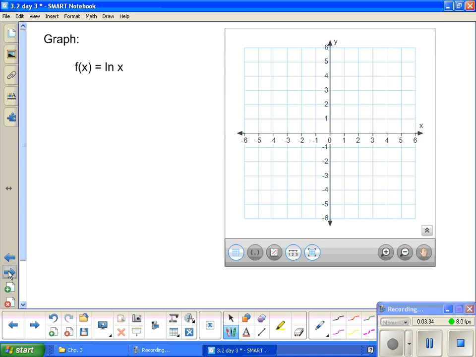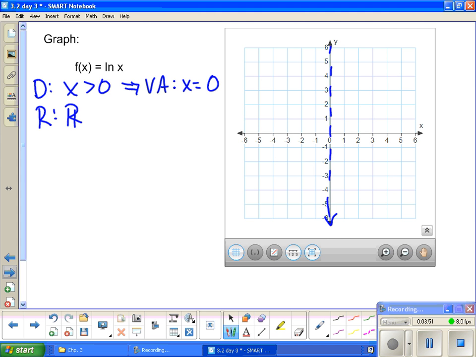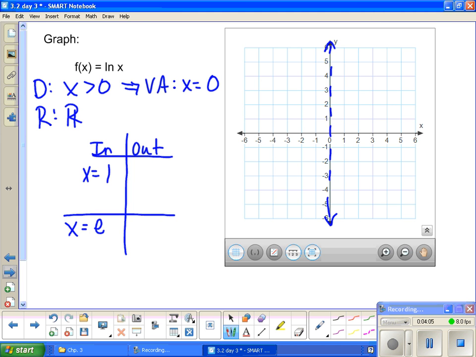Let's graph the natural log of x. Same process. Start with the domain. x greater than 0. Range, all real numbers. This defines my vertical asymptote at x equals 0. So now I have my inputs and my outputs. I still want x to equal 1, and I want x to equal my base.